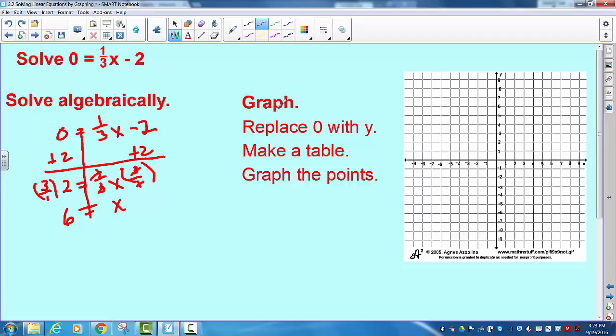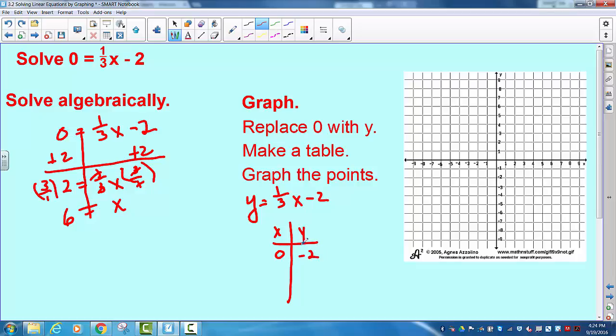So now let's graph it. Replace 0 with y. So we go y equals 1/3 x minus 2. And then we make a table. We've got x and y. And let's choose 0, because 0 is the easiest one to deal with. 1/3 times 0 is what? 0. And 0 minus 2 gives us -2.